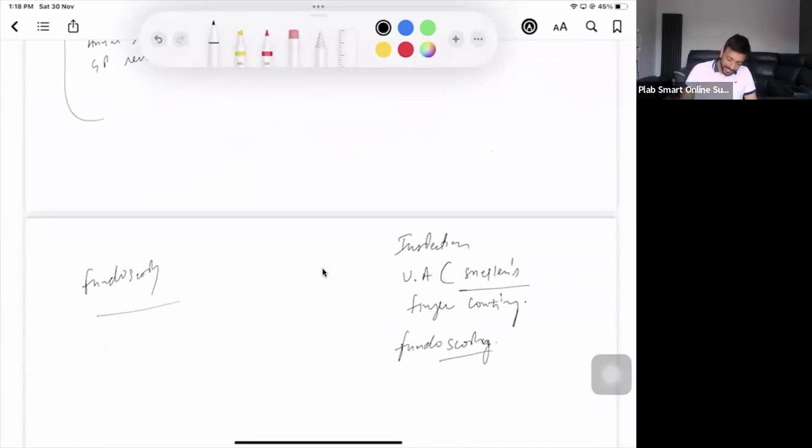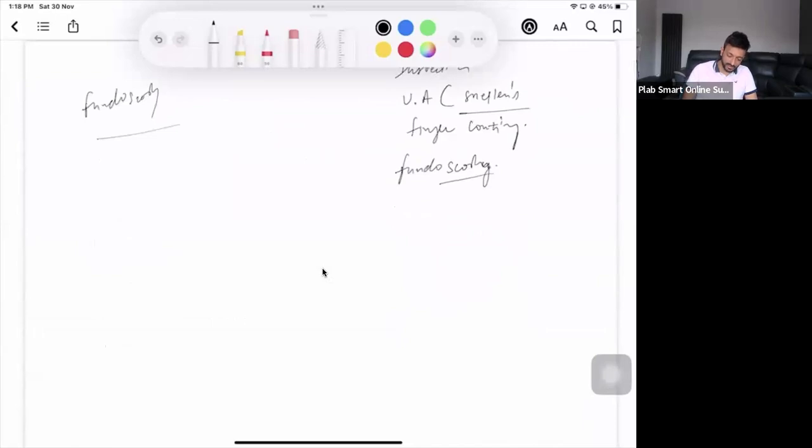That's what you need to do. And don't forget to prepare the patient when you do fundoscopy. What you have to do? You have to dim the light. And what else? You have to put the eye drops. So don't forget to do these things in the exam, right?